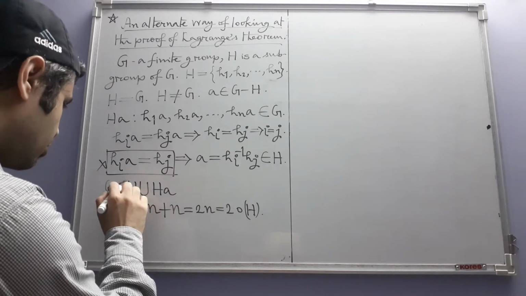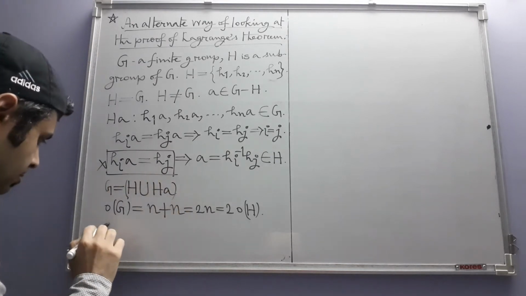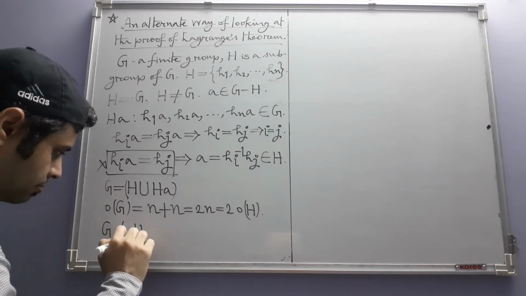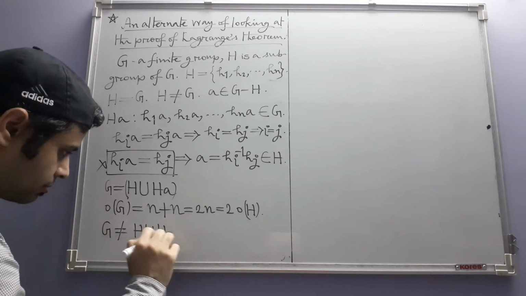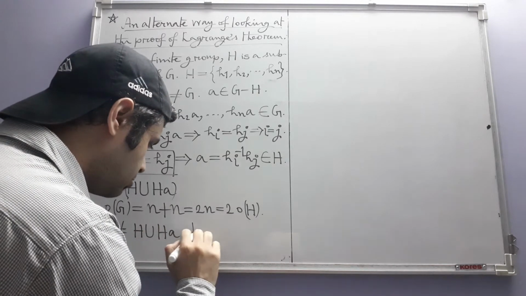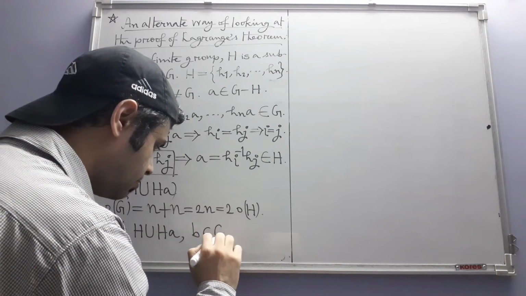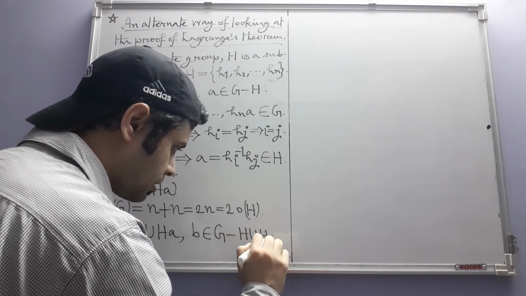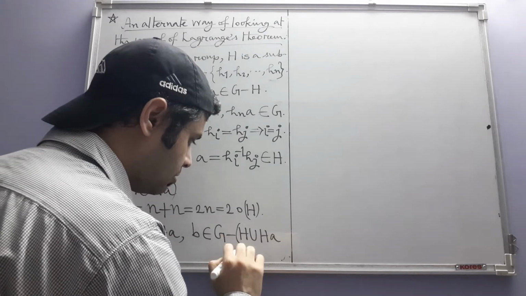Suppose this is not true, G is not equal to this union, then we can choose an element B in G which is neither in H nor in HA.